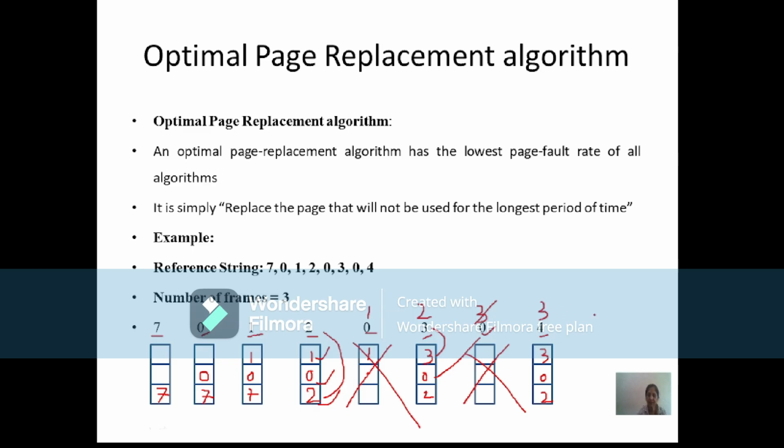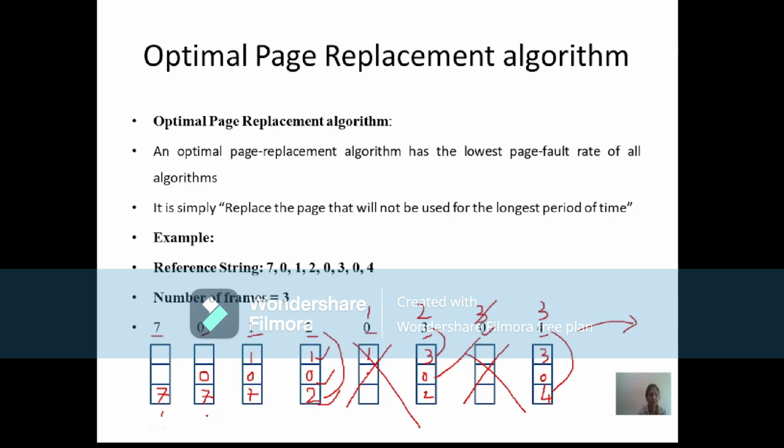In this case, since there are no further references, we can actually replace any of the pages. But keeping to our standard, we will select the page which is the oldest. So page number 2 becomes our victim page and we replace it with the new page, which is 4. So let's do that and we write page number 4 into the frame.